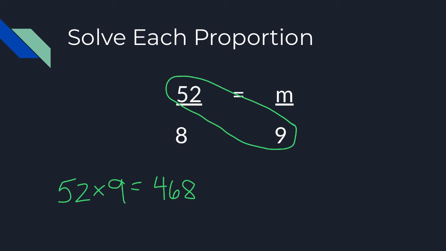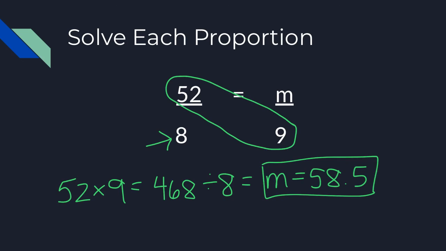I look for the only other number I see. In order to isolate my variable, I would divide by that. And I think the answer is M equals 58 and 5/10. You could totally check that by substituting.